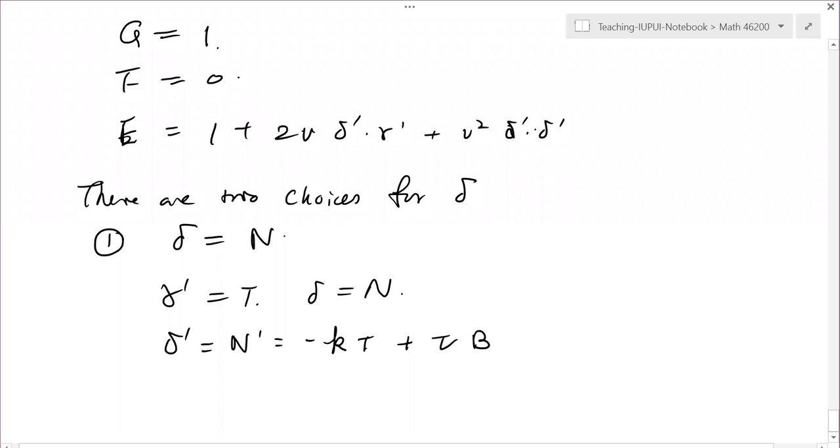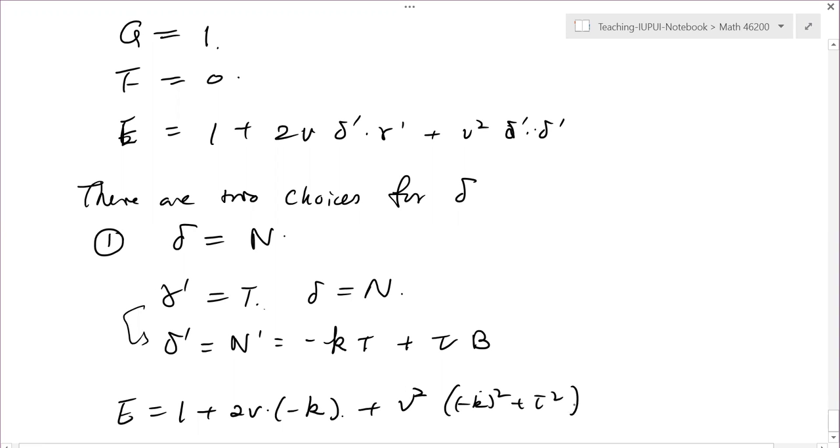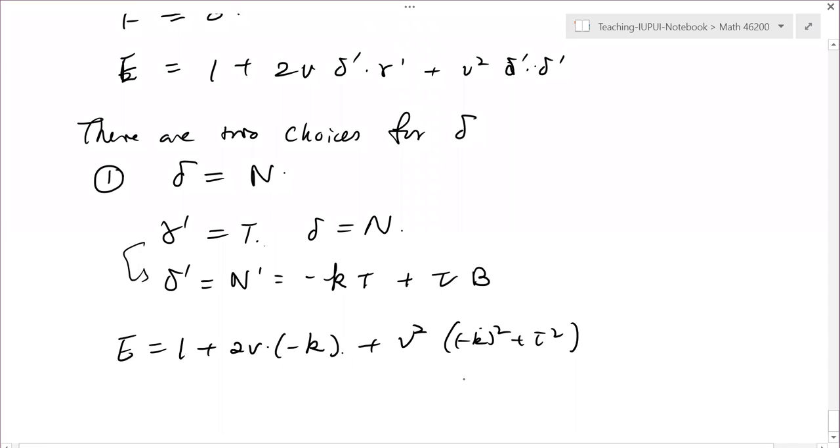Right, so let's take what is the E. E is going to be 1 plus twice of V delta prime times T. So the product of this is actually negative k. T times T is 1. Then delta prime delta is going to be negative k squared plus tau squared. So you get a polynomial.